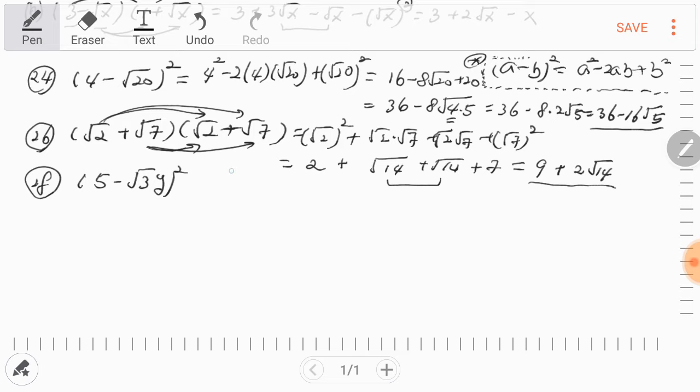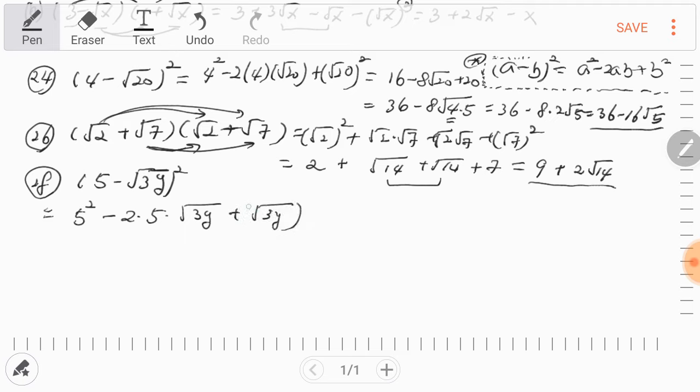Actually, this is similar to number 24, so why don't we just use the formula? 5 squared, which is a squared, minus 2ab, 2 times 5 times b. b is square root of 3y, with 3y inside the square root, so plus b squared.